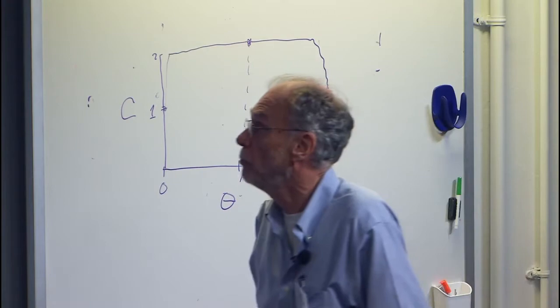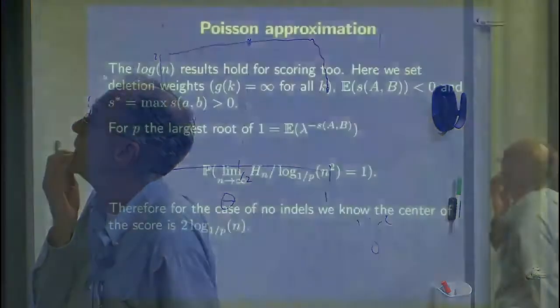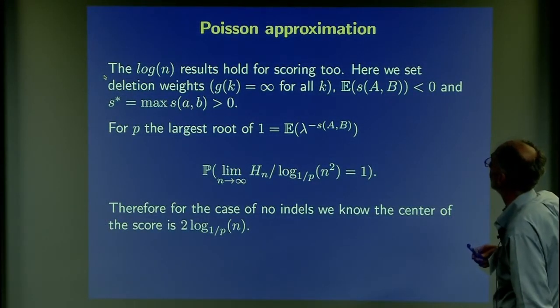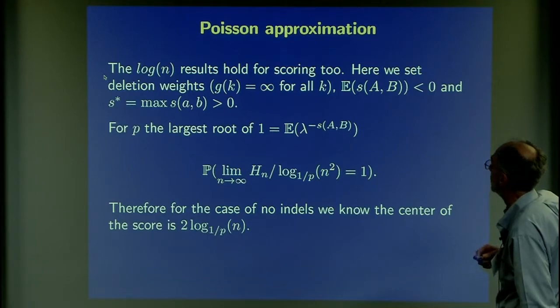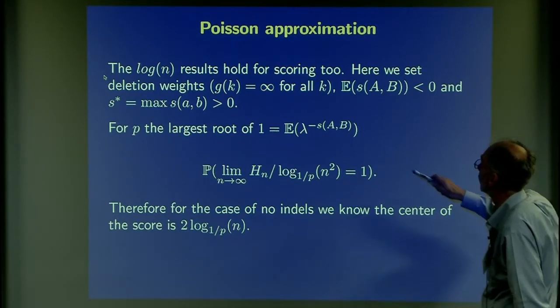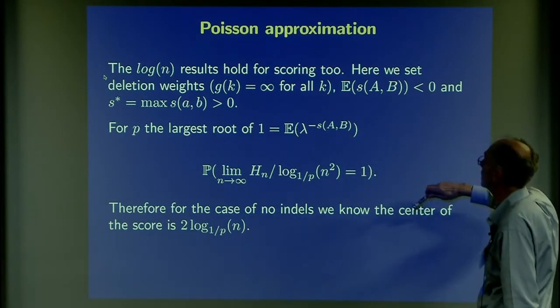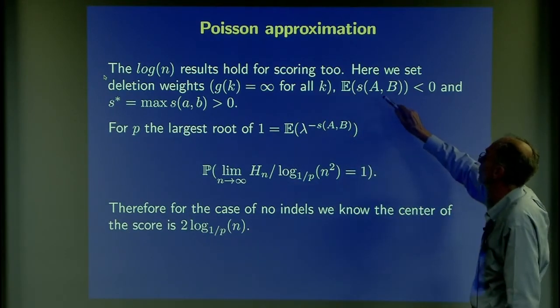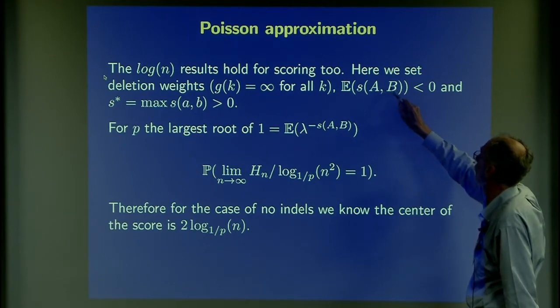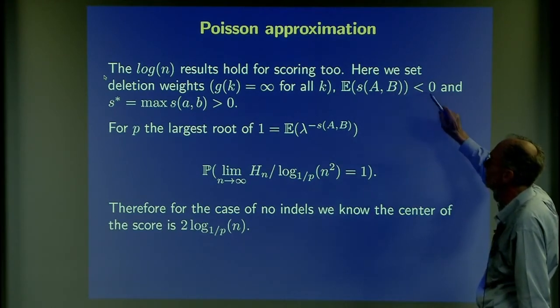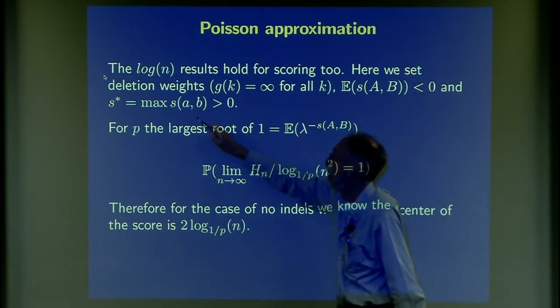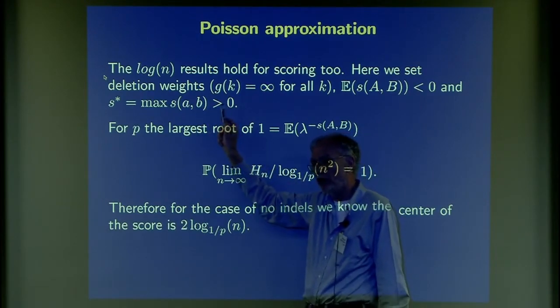And you can put in scoring, but then you have to be a little bit careful. In this example, we're going to have no deletions at all, penalize it infinitely. And we have to have the expected score between 2 random letters be negative, but there are a pair of random letters that have positive score.